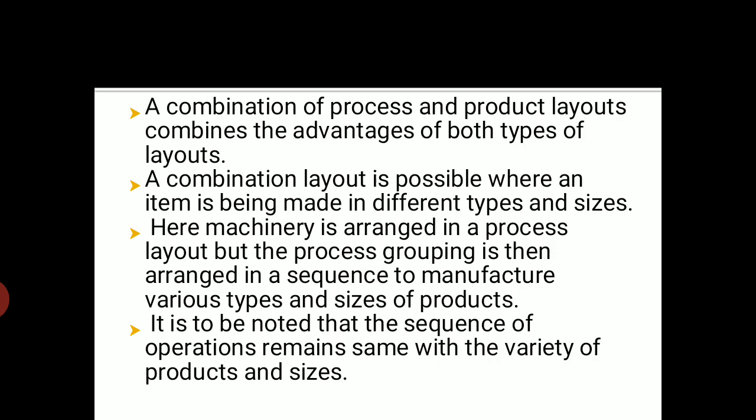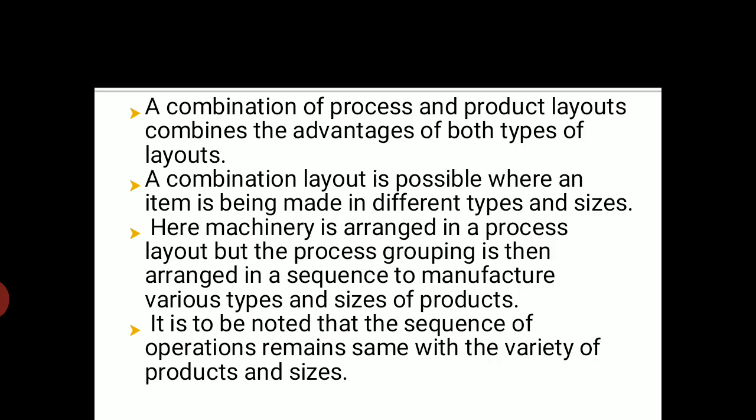Here machinery is arranged in a process layout, but the process groupings are then arranged in a sequence to manufacture various types and sizes of products. How this combined layout works, in the next slides we'll be seeing with a diagram also, but as of now what we need to understand is that the machinery is arranged in the form of process layout.